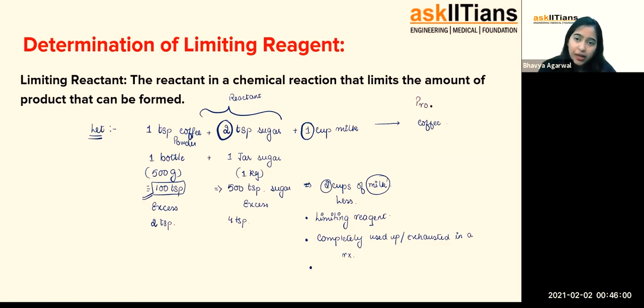So that is my product. Okay. Now, how much coffee can I get? I can get only 2 cups coffee because I had 2 cups of milk available. And for 1 cup coffee, I need 1 cup milk. So can I say that your formation of the product completely depends on the amount of the limiting reagent that I'm having?